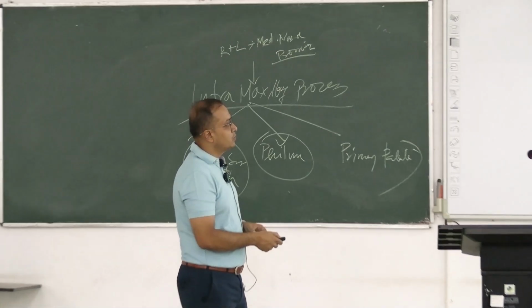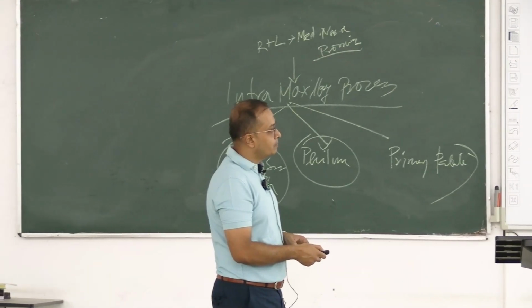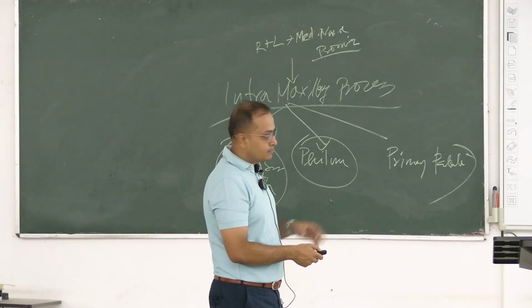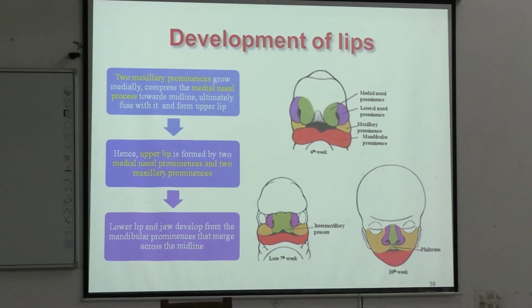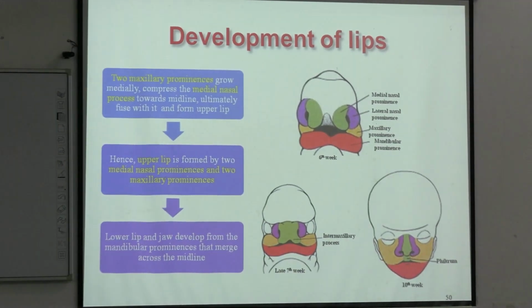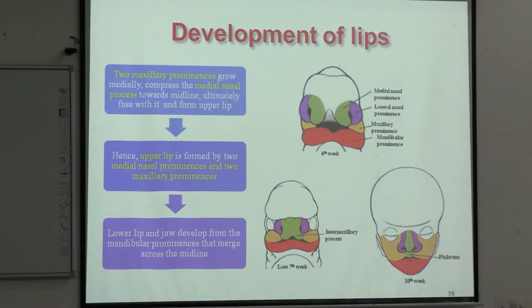If we have an error in the movement of the maxillary prominences, right side, left side, or this intermaxillary process, a cleft lip is likely to form as a developmental error. So the development of the lip is really important in terms of the clinical problems that you see.